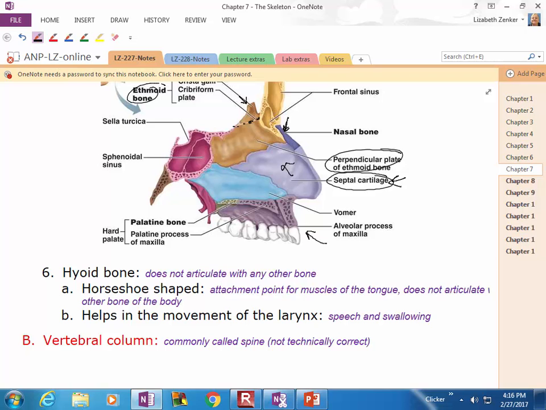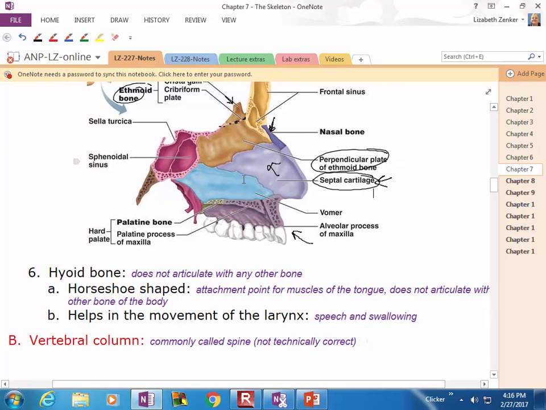And so it says it's a horseshoe-shaped bone attachment point for muscles of the tongue. It does not articulate with other bones of the body. It helps, though, in the movement of the larynx, so it helps a bit with speech and swallowing, okay? All right, so let's see. And the larynx is attached inferiorly to the hyoid bone.